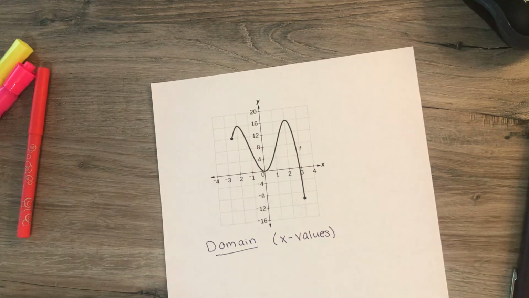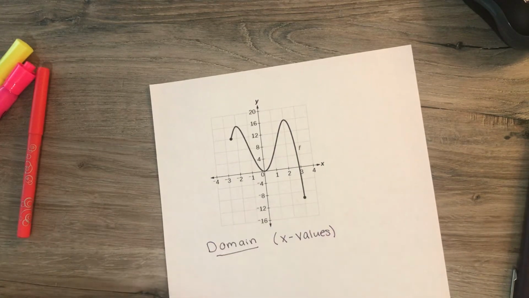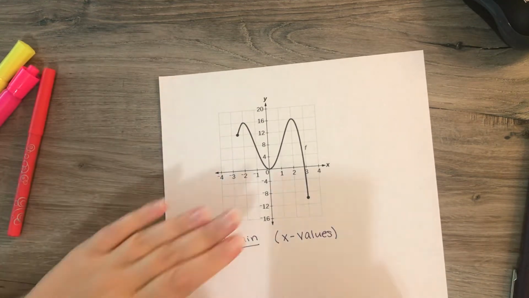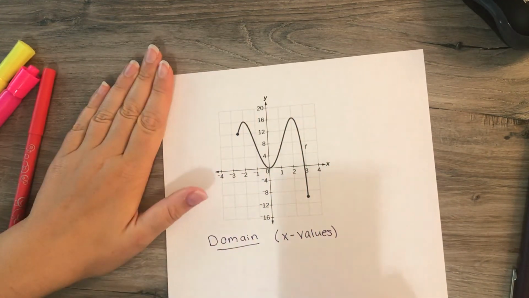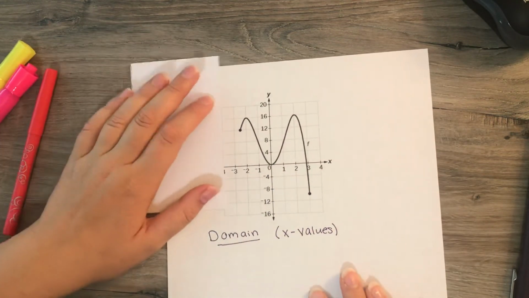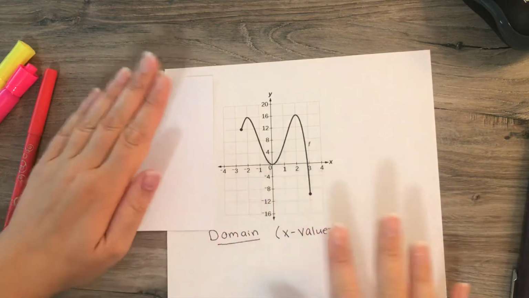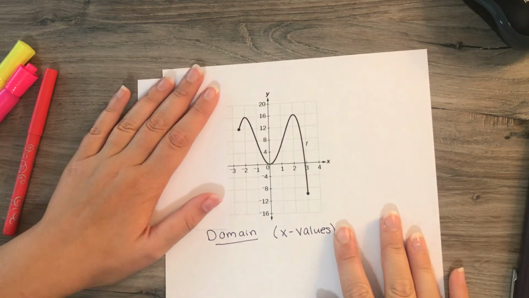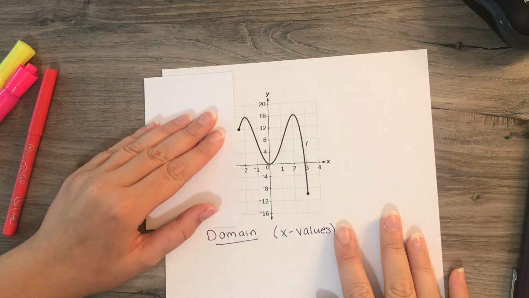So what we have to do, and I'm going to break out a few index cards for this, is look at our function and find my point furthest to the left and furthest to the right. Okay. So right here, I'm going to take my card and slide it through my graph until I hit the first point.